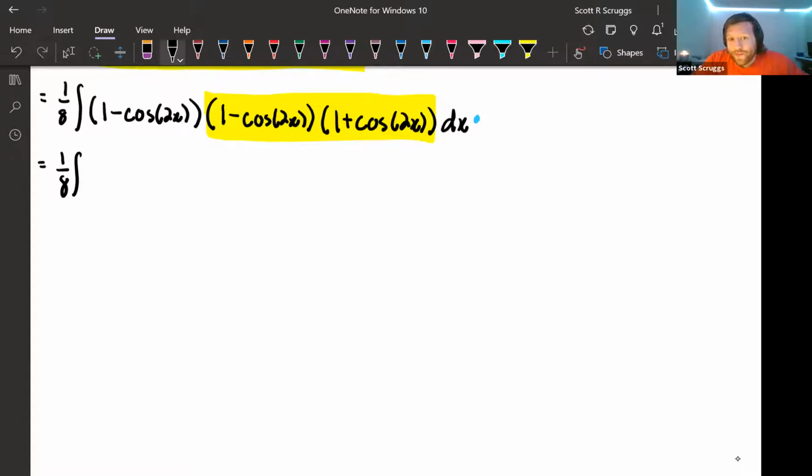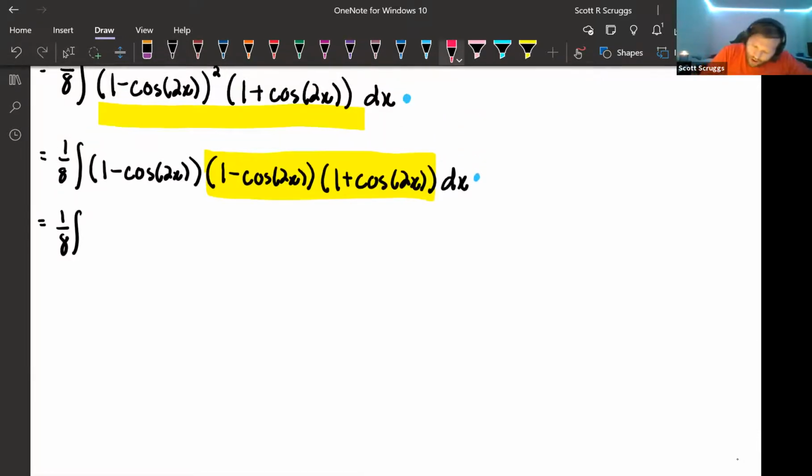First thing I want to note, there's a reason why I suggested to FOIL the first two out, the ones that I highlighted. The reason is that at this part, there's a difference of squares scenario going on, because I have both the first and second slots being the same. The only difference is that one I'm subtracting, the other I'm adding.